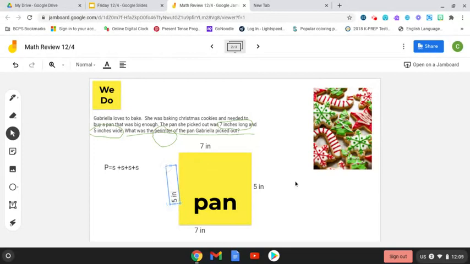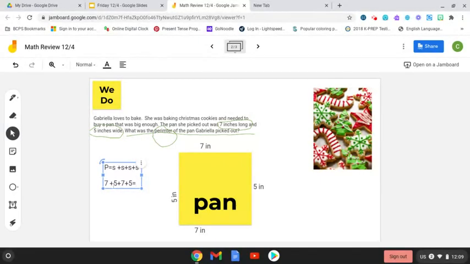Okay. So now, since I know all the lengths of each side, I just need to add them together. That's all I need to do. So I'm going to go back to this text box, hit enter, and I'm going to add all the sides together. 7 plus 5 plus 7 plus 5. Now, I'm going to use some friendly numbers here. I know 5 and 5 is 10.